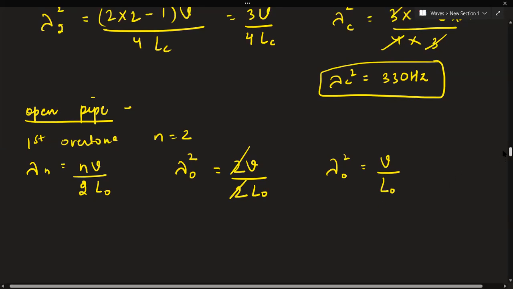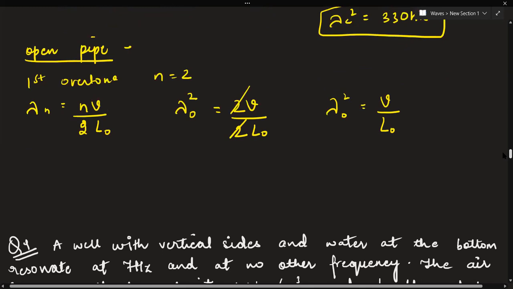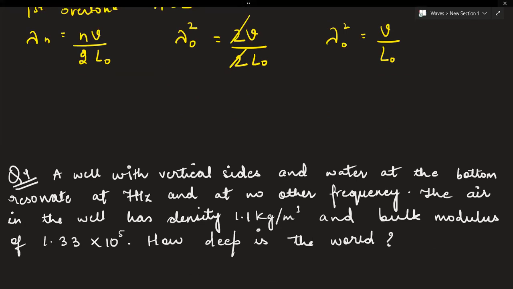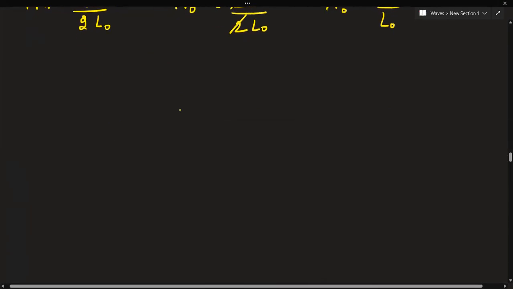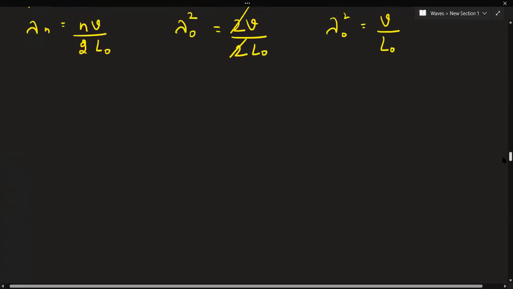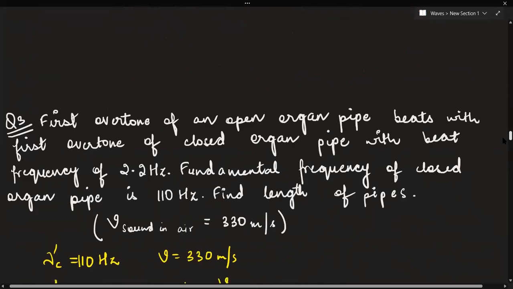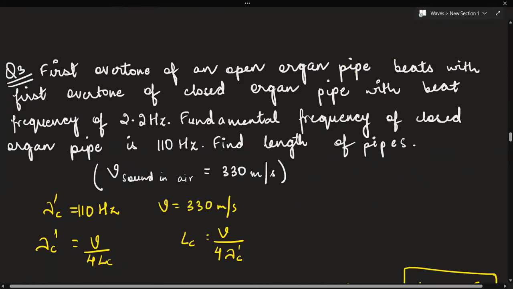So now we have to substitute all the values. Now see, this says the first overtone of the open organ pipe beats with the first overtone of the closed organ pipe.